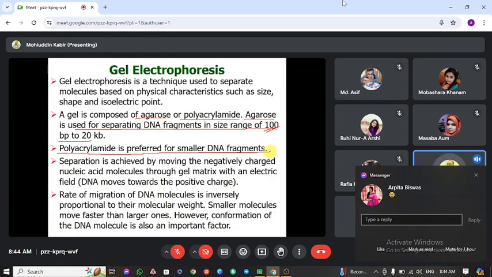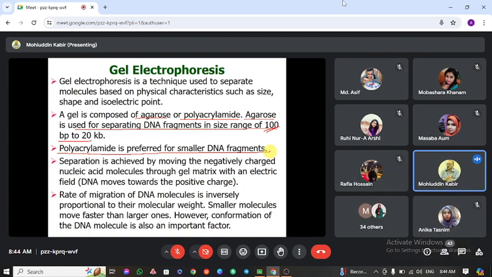Even a single base pair difference we can detect using polyacrylamide gel electrophoresis. Basically, polyacrylamide gel electrophoresis is mainly used to separate proteins, but it is also used to separate DNA that has a small length.